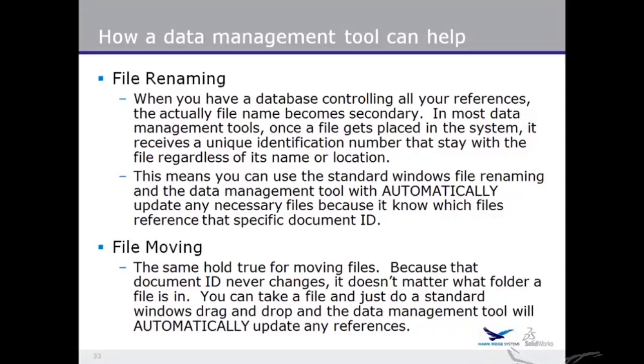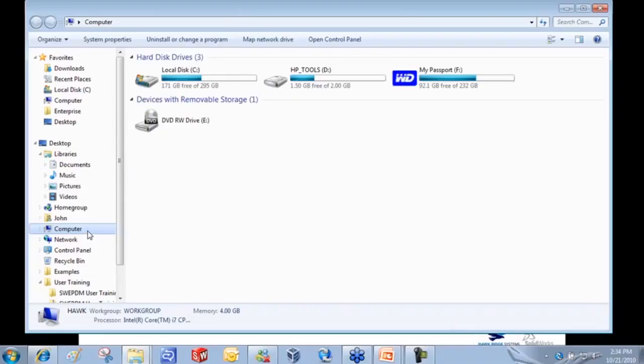And that number is what the data management system refers to for the rest of the time the file is in the tool. So if you rename it or if you move it, it doesn't matter because that identification number doesn't change. And that is what SolidWorks and the data management tool use to create the references. So whether you're renaming a file or moving a file, this all works the same way.